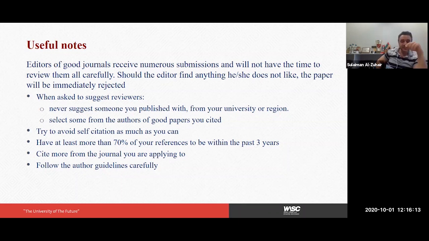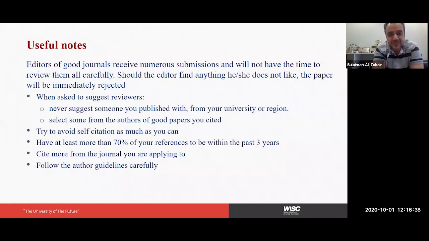So if your paper cites papers from the journal, that may be tempting to the editor to accept it and send it for reviewing. This is not correct, but you may end up doing it for the sake of getting it through the editor. So the last 2 points that I mentioned, if you can avoid them, avoid them.